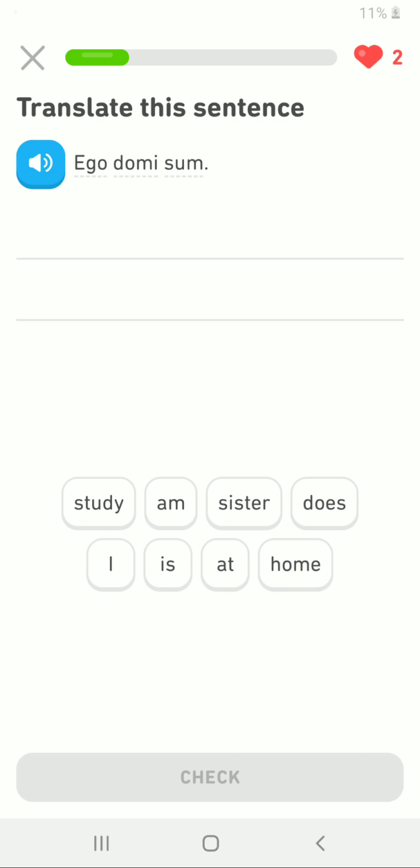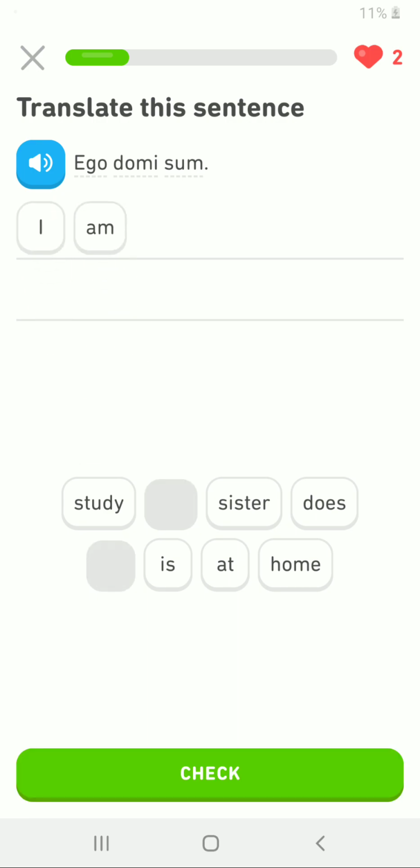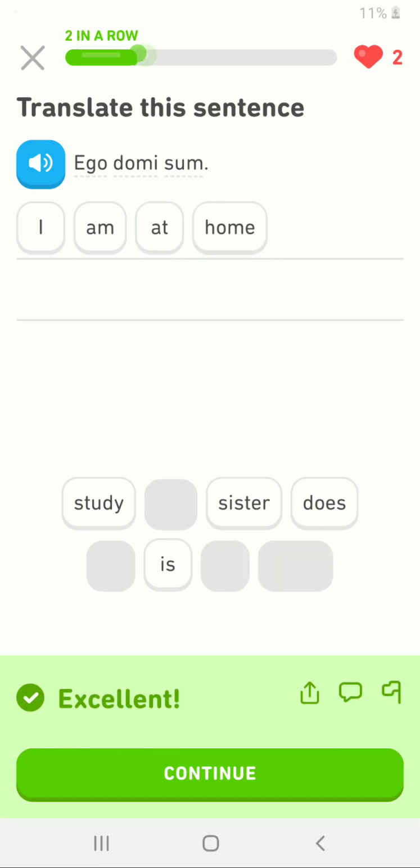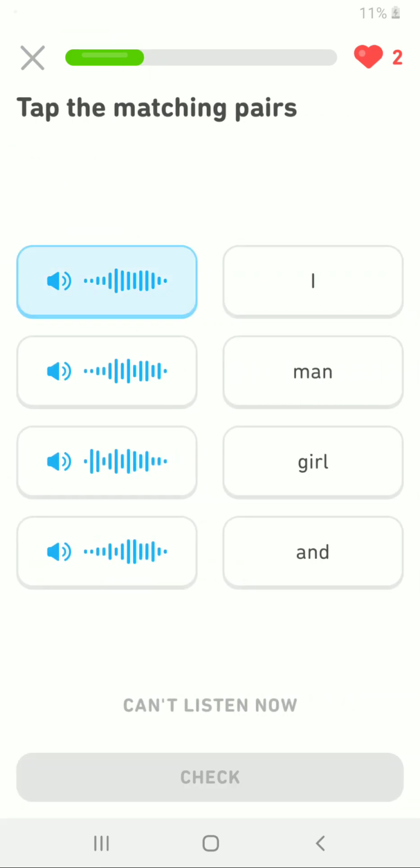We know dormit, sleeps, but dormi, ergo. I am sleeping, I guess. No, sorry. It has nothing to do with dormit. It's domi. I am at home. My apologies. Yeah. Et.